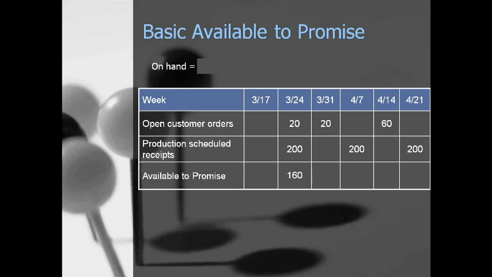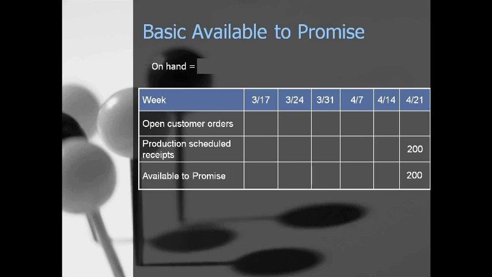This is a standard calculation. It just keeps going through. Again, it assumes that by 4/7 we will have sold and shipped all of that material. So on 4/7 the available to promise will be 140. And then at the end of the period, since we don't have any demand past 4/21, the available to promise is 200.